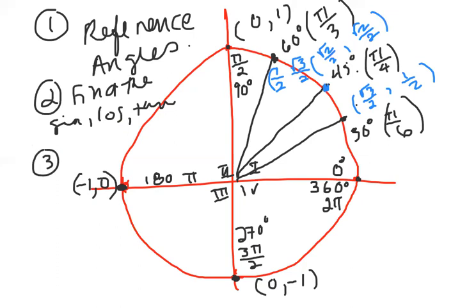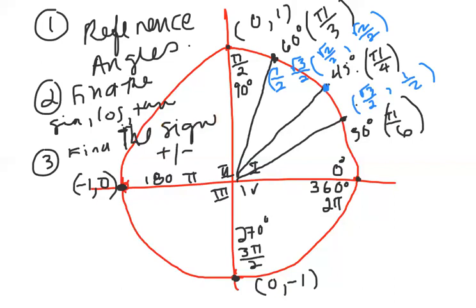What is the sign? Find the sign. Adjust your sign. Let me put, find the sign. And what I mean by this, find the sign, as in positive or negative.